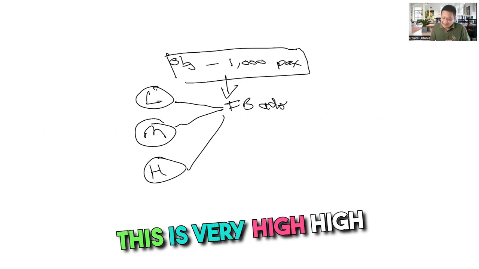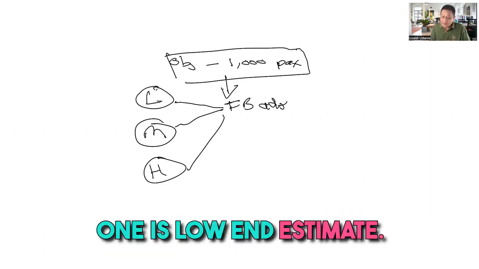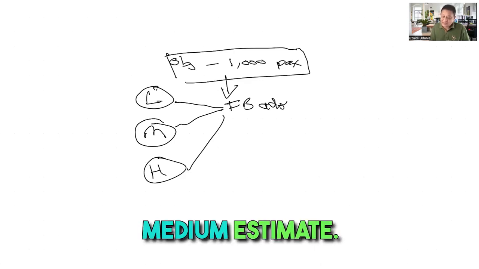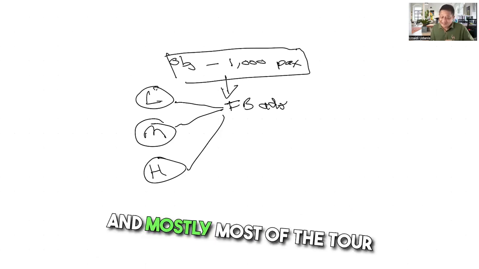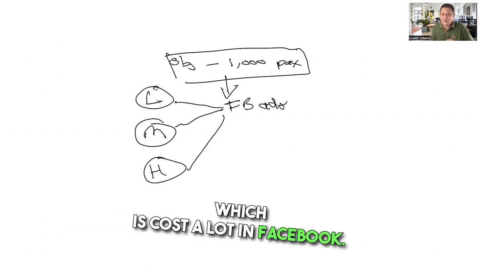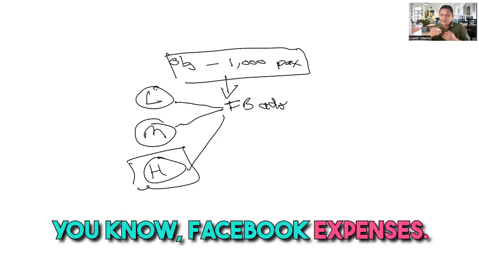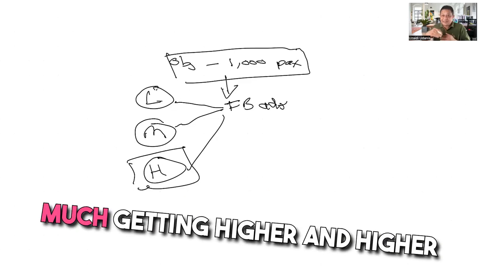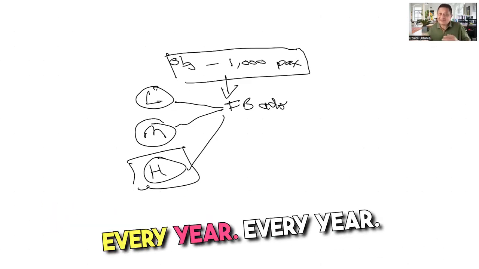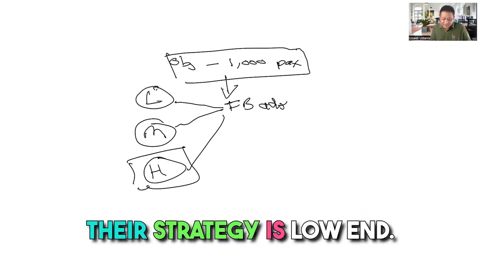So there are three: one is low end estimate, one is medium estimate, and the third one is high end. Most of the tour packages use this high end, which costs a lot in Facebook. Facebook rates are getting higher and higher every year.